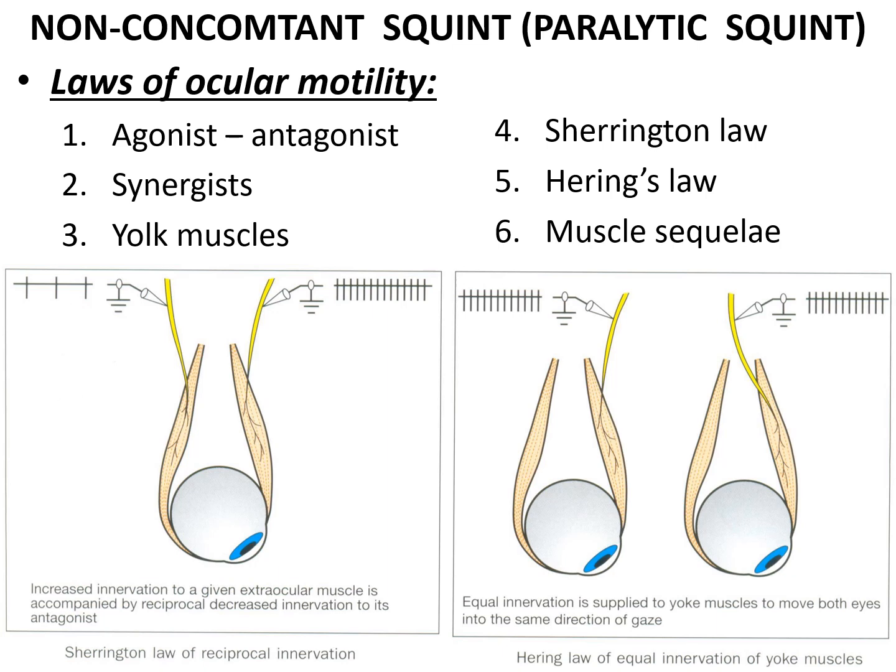So the left lateral rectus and the right medial rectus are the yoke muscles. So equal and simultaneous innervation is flowing to the yoke muscles.